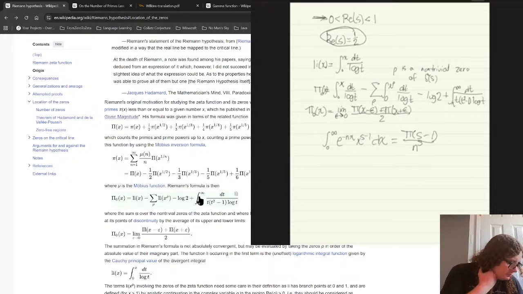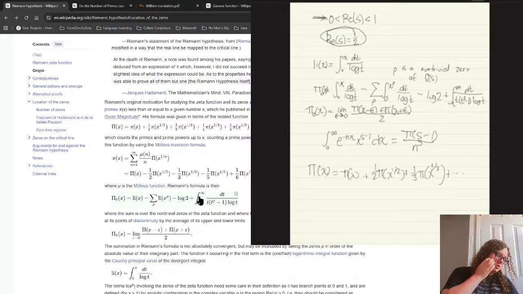Capital Pi of x is equal to lowercase pi of x plus 1/2 pi of x to the 1/2 plus 1/3 pi of x to the 1/3 and so on.